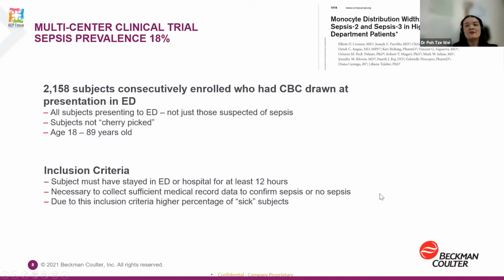So we've had quite a number of studies published on MDW since the very first pilot study was published about 4 years ago in 2017. And this is our multi-center clinical trial that was published in 2019 at Ohio State University. And this study actually enrolled more than 2,000 patients who had a complete blood count drawn at presentation to the emergency department.